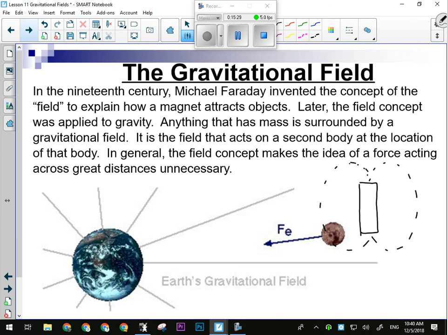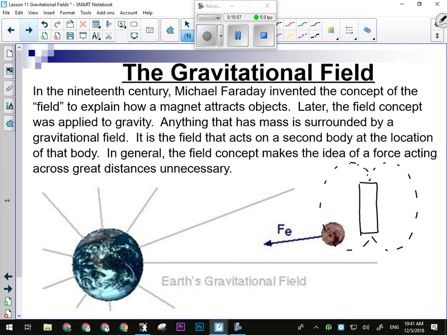Now, of all the field forces, gravity is the weakest. In terms of per kilogram, magnetic fields and electric fields are way stronger. The difference is that they don't extend out nearly as far because they don't deal with as much mass as gravity does. Because gravity deals with mass and there's so much matter in the universe, gravity is what governs all the workings of the universe in terms of movement.